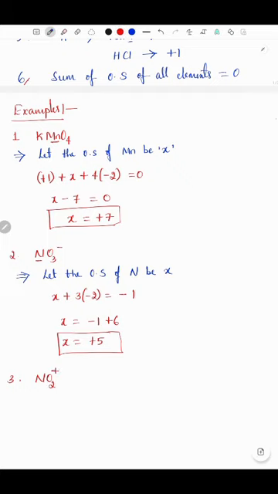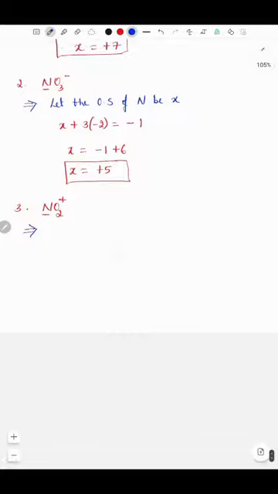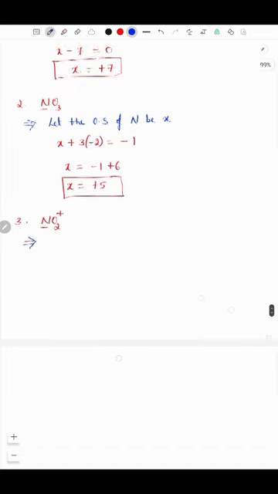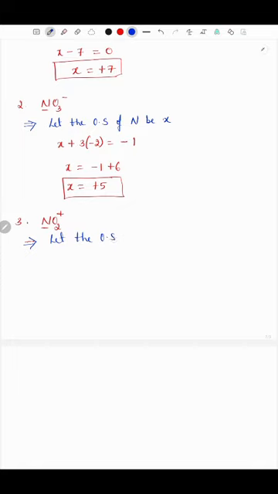Here also we need to calculate the oxidation state for nitrogen. Let the oxidation state of nitrogen be X. X plus, there are 2 oxygen atoms, 2 into -2, is equal to +1.